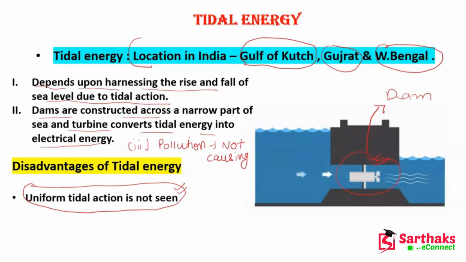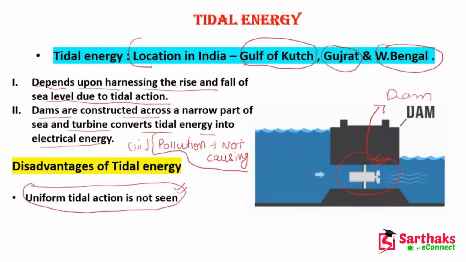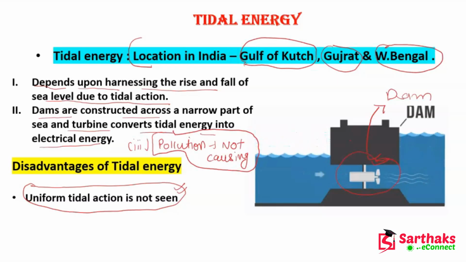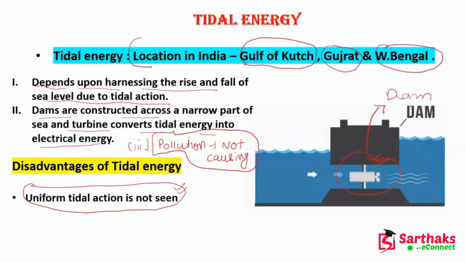After that, if I talk about the advantages, one advantage is clearly visible: there is no burning involved in this process. So that's why it is not causing any type of pollution. I hope this point is clear to you.